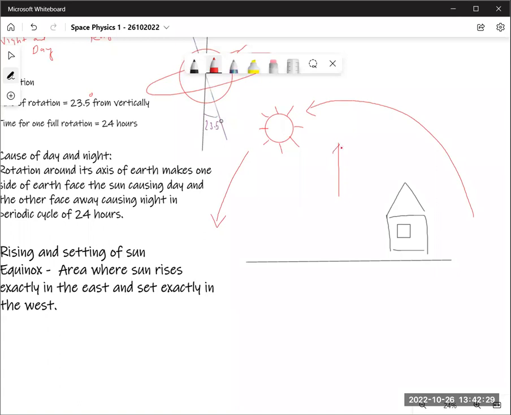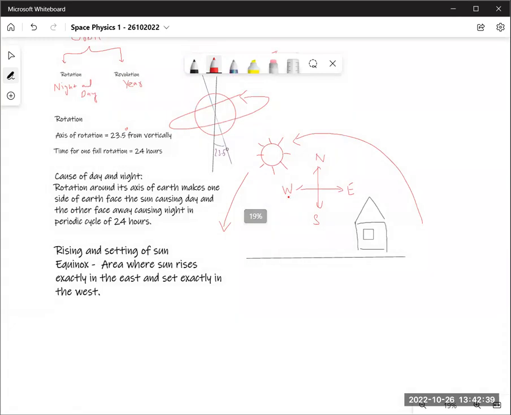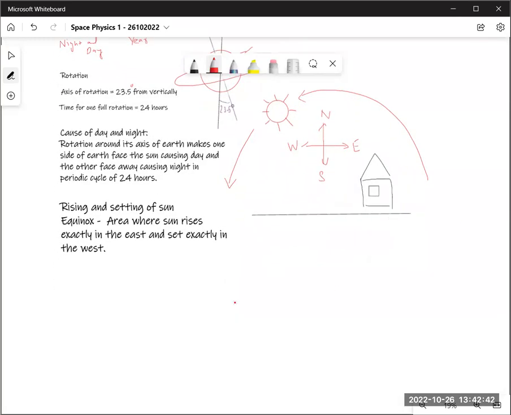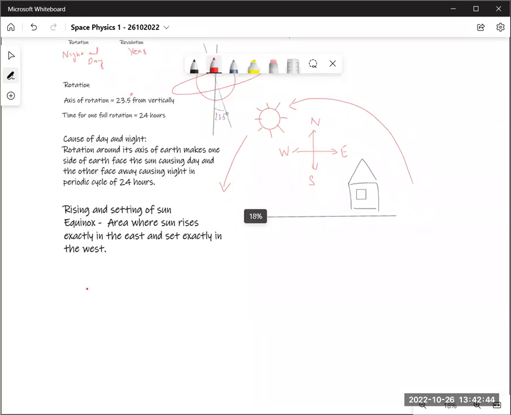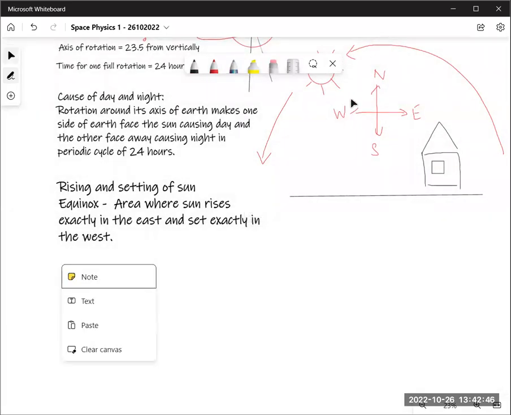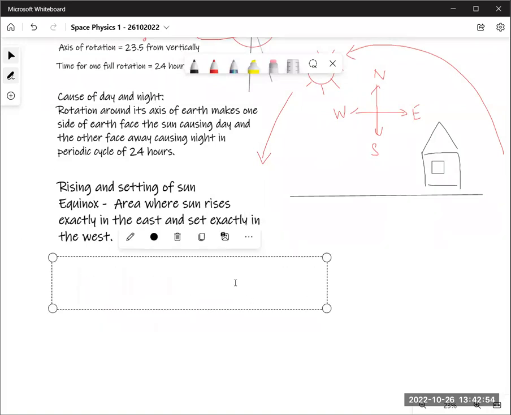This is north, south, east, west. It rises from here, sets over here. This area is called an equinox where this happens. But in reality, the direction doesn't change, but the angle, or the exact location of the rising and setting, changes. So we'll see that.